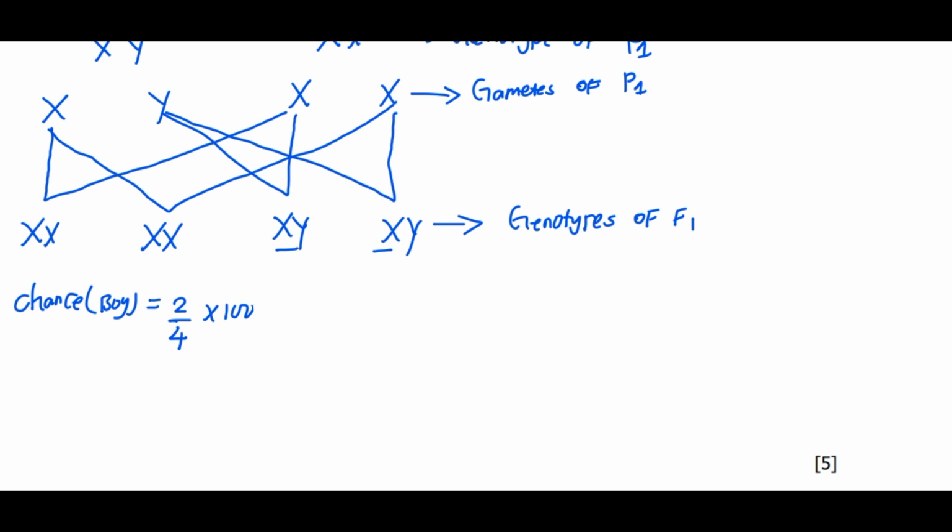Then in terms of the chance, we'll calculate as a percentage. This calculation will give us 50%. What of a girl? For a girl, it's the same. It's 2 over 4 as probability, but multiplied by 100%, this will give us a 50% chance.